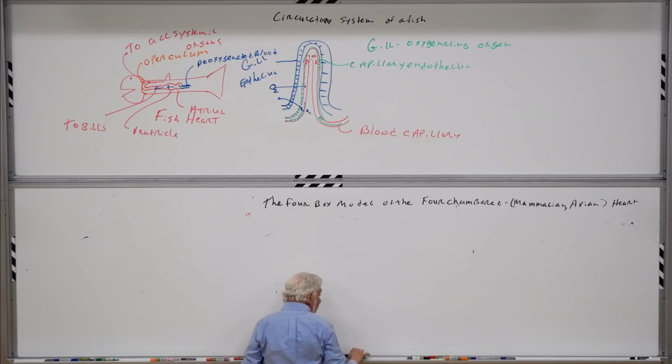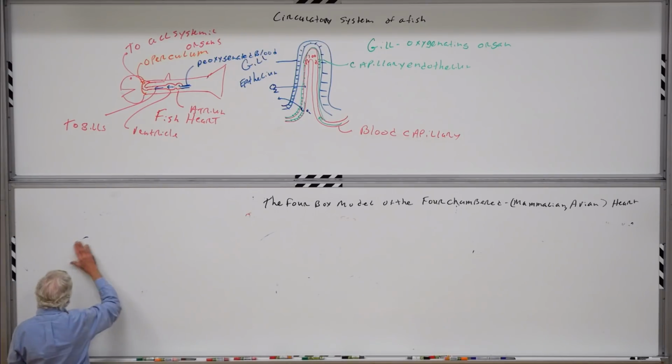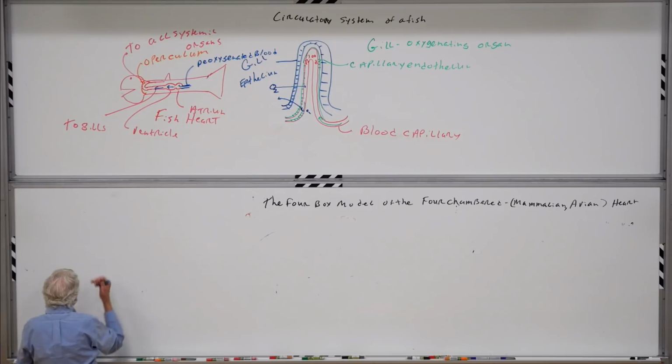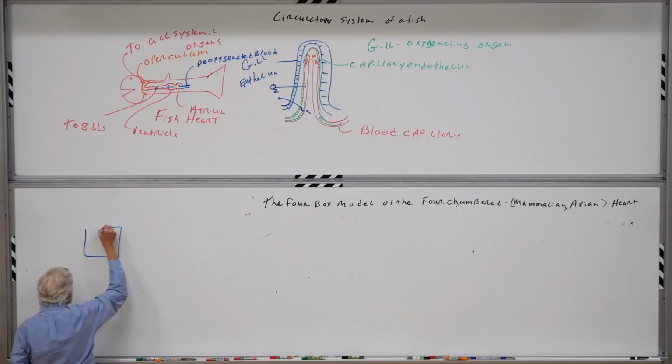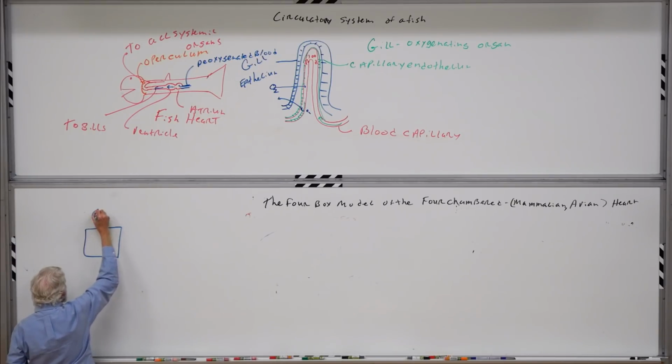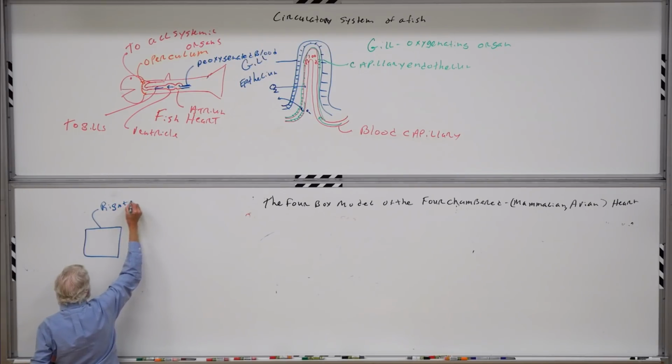I'm going to simplify this a lot, and we'll work on the anatomy and some other pieces. We're going to start here with this box. And I'm going to label this box as the right atrium.